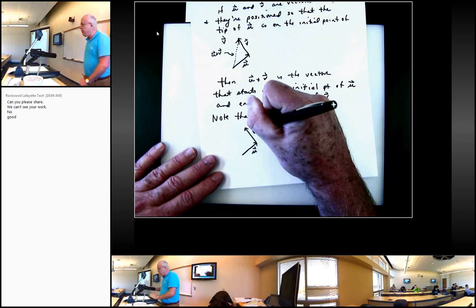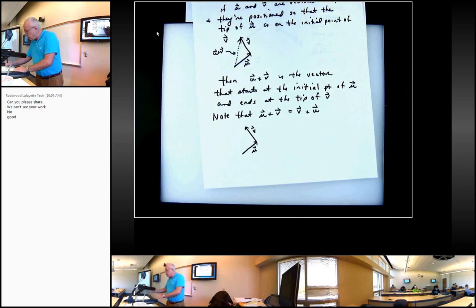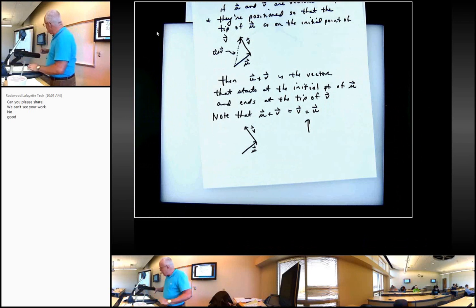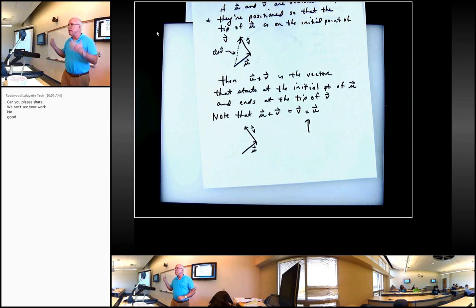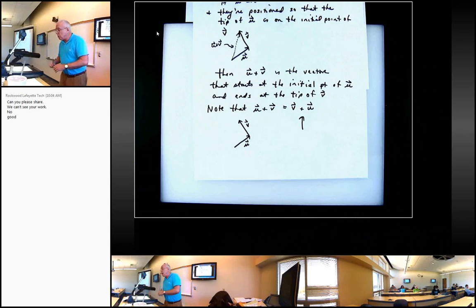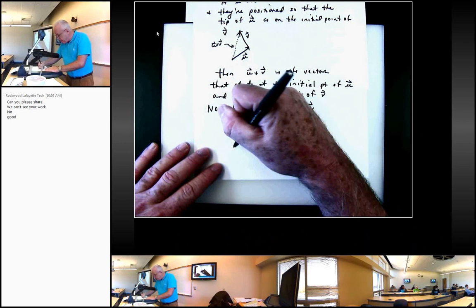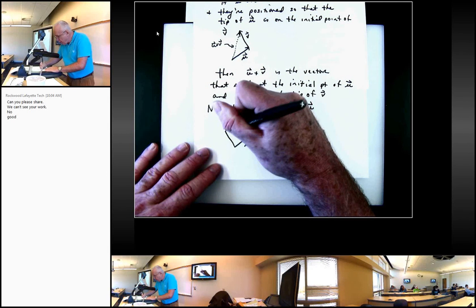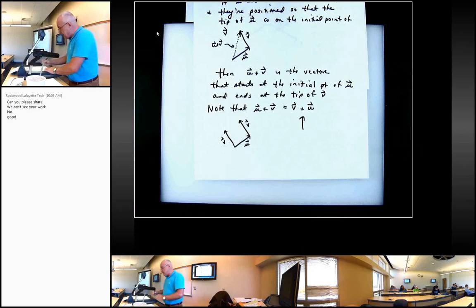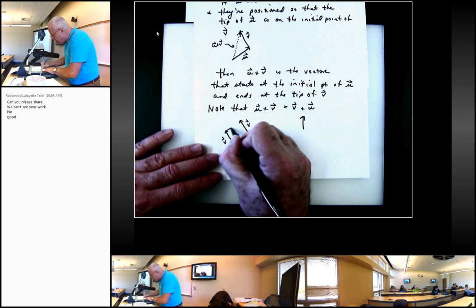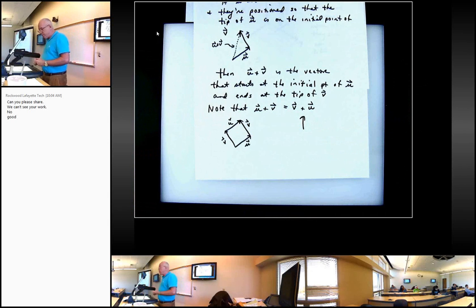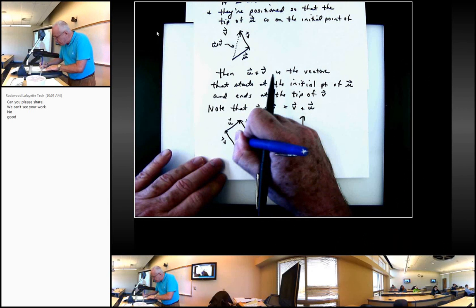That's what I had drawn previously. Now let's look at v plus u. So with v plus u, unfortunately, different colors don't show up on this, which I wish they did. So with v plus u, let me start with v. And then from the tip of v, let me add on u. And we're going to come to the same point. And the vector that we get is the same for both of them.